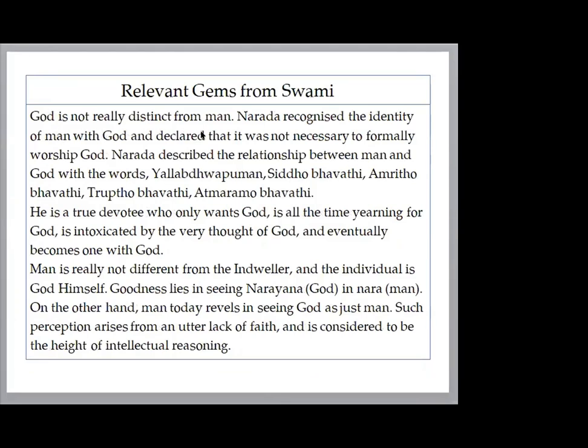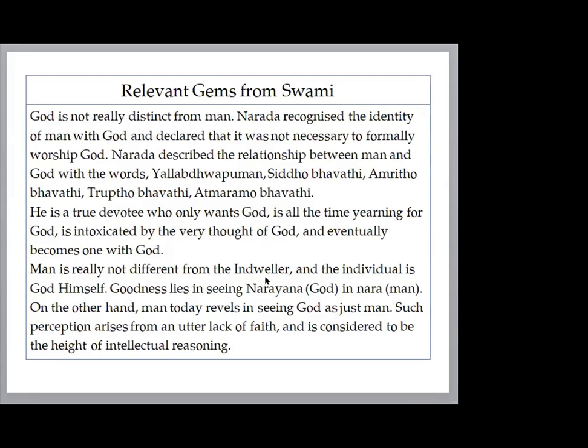God is not really distinct from man. Narada recognized the identity of man with God and declared that it was not necessary to formally worship God. Narada described the relationship between man and God with the words Yallabdhva Puman Siddho Bhavati, Amrito Bhavati, Tripto Bhavati, Atma Ramo Bhavati. A true devotee who only wants God, is all the time yearning for God, is intoxicated by the very thought of God, and eventually becomes one with God.